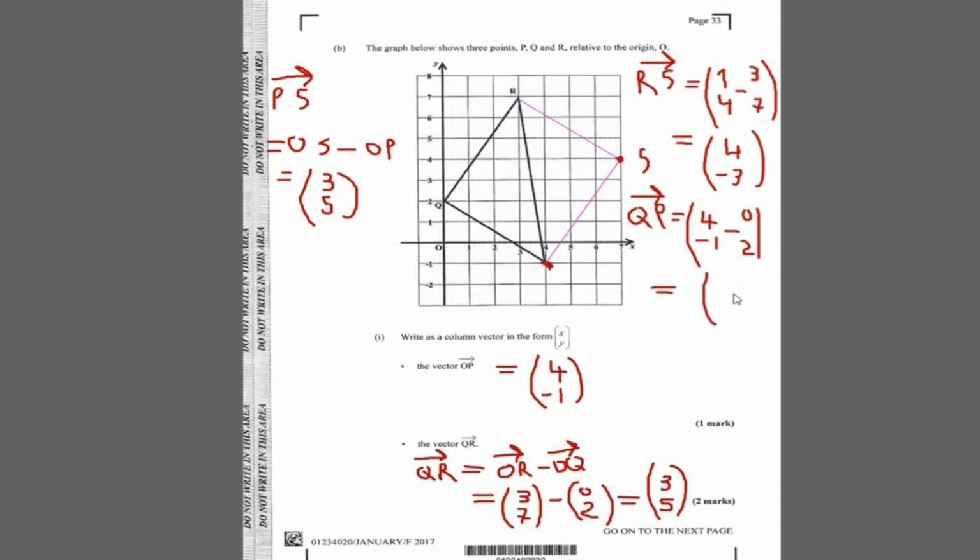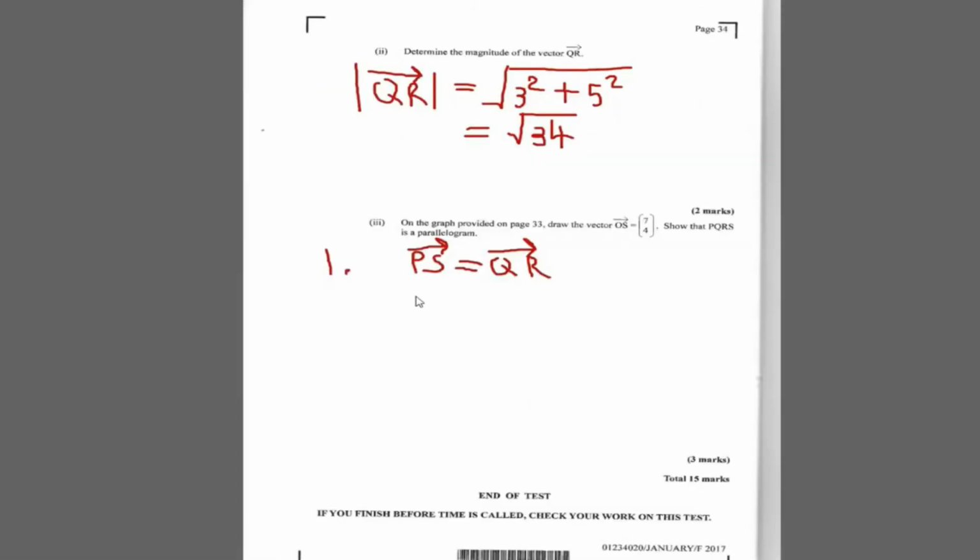So you get 4, negative 3. All right, so as we can clearly see here, RS is also equal to QP. We've shown that RS is equal to QP.